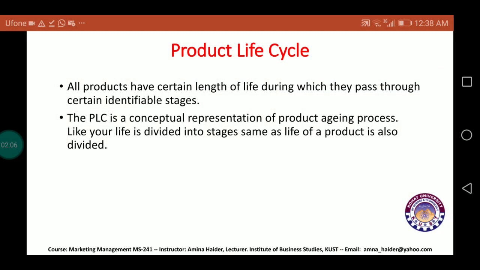So a product life cycle is the amount of time a product goes from being introduced into the market until it is taken off the shelves. There are 4 stages in a product life cycle, namely introduction, growth, maturity stage, and decline.